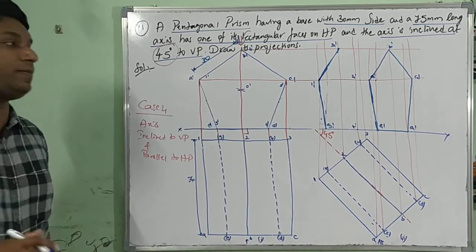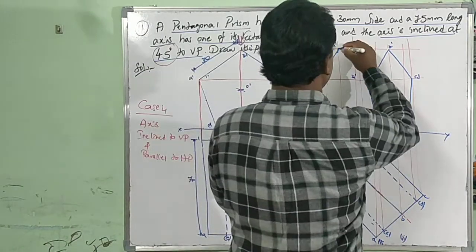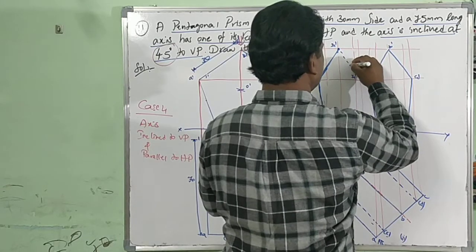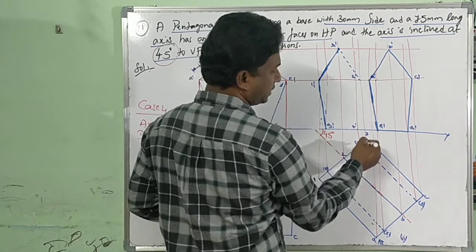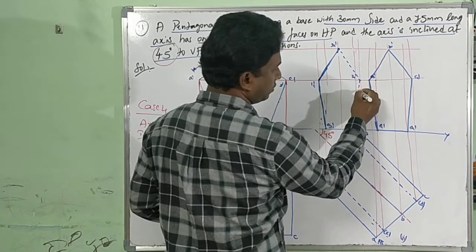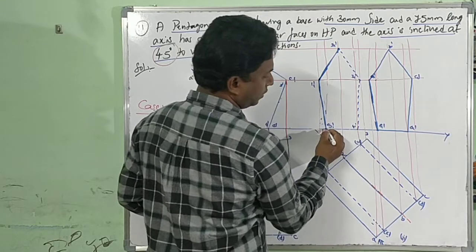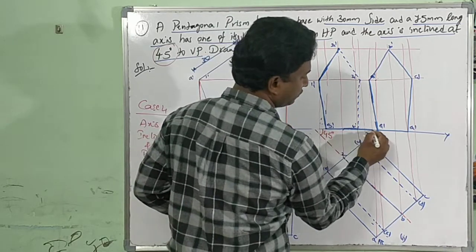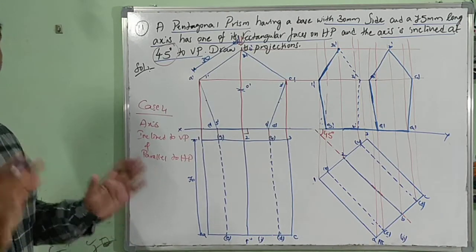Remaining sides of the backside are hidden. That is nothing but from 2 dash 3 dash, and from 3 dash 4 dash. Bottom is thick as usual, as always. 2 bases I have completed.